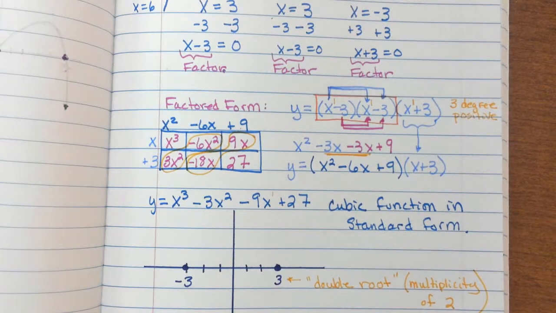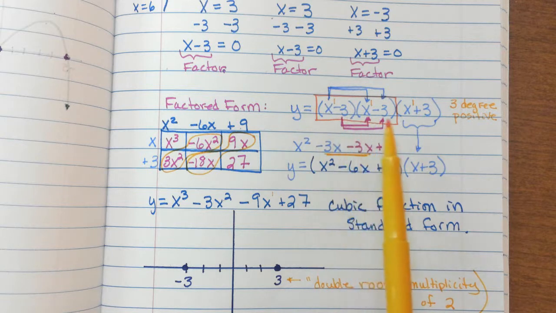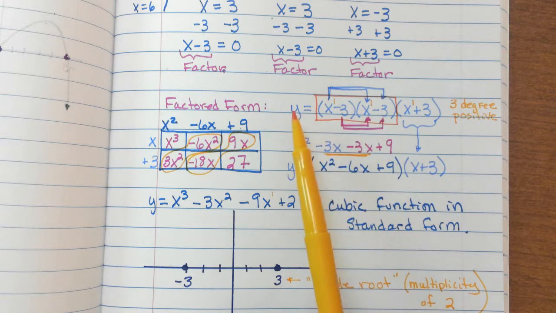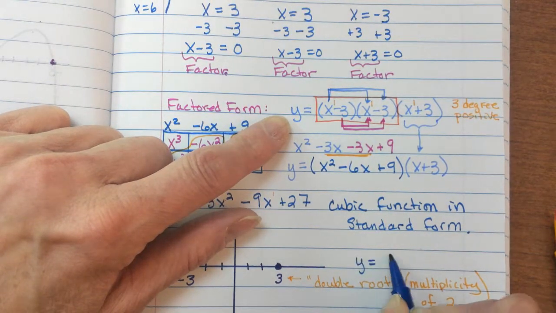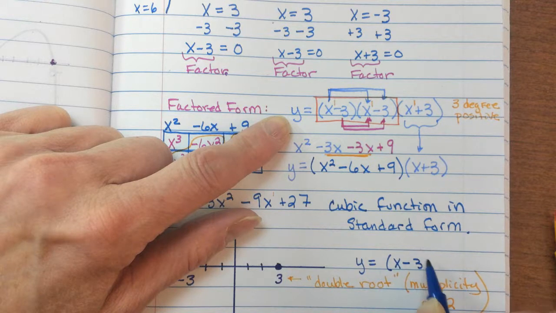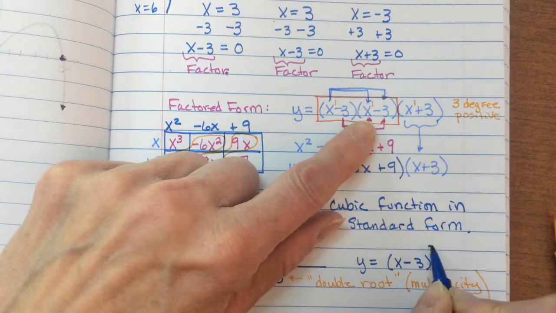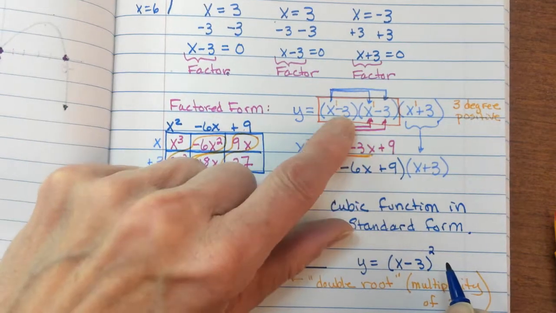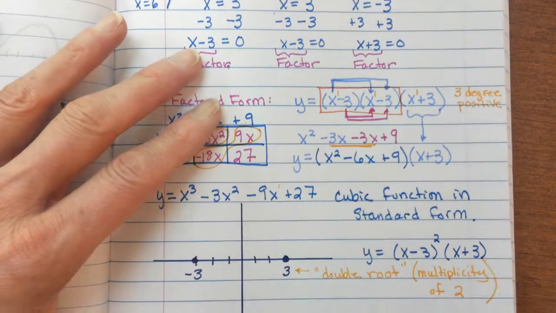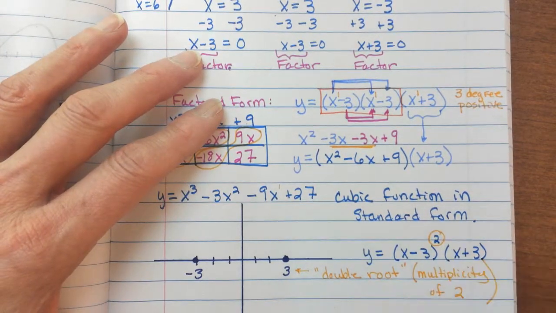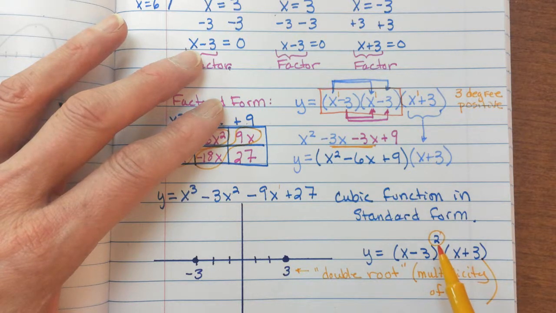So let's just kind of back up a bit and let's look up here how we wrote this. There's another way I could have written this, and I could have written this right here to be y equals x minus 3 squared, because it's multiplied to itself twice, and this is x plus 3.